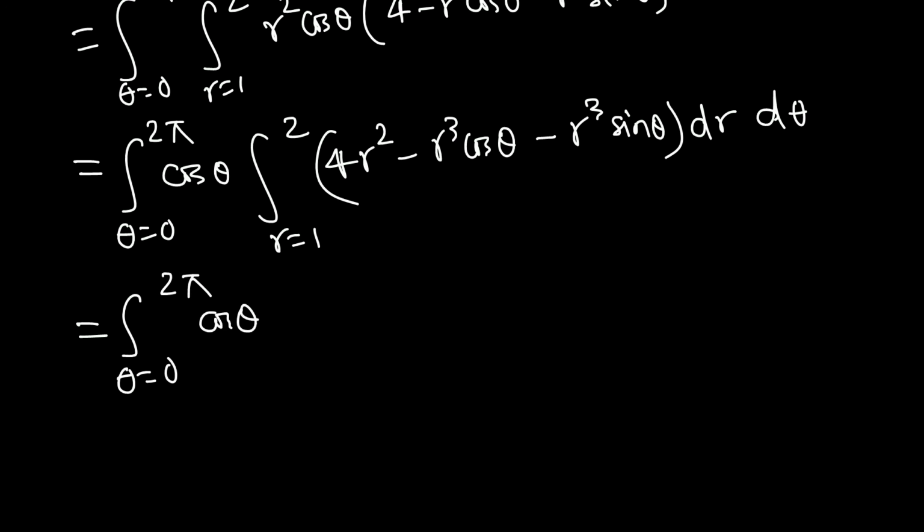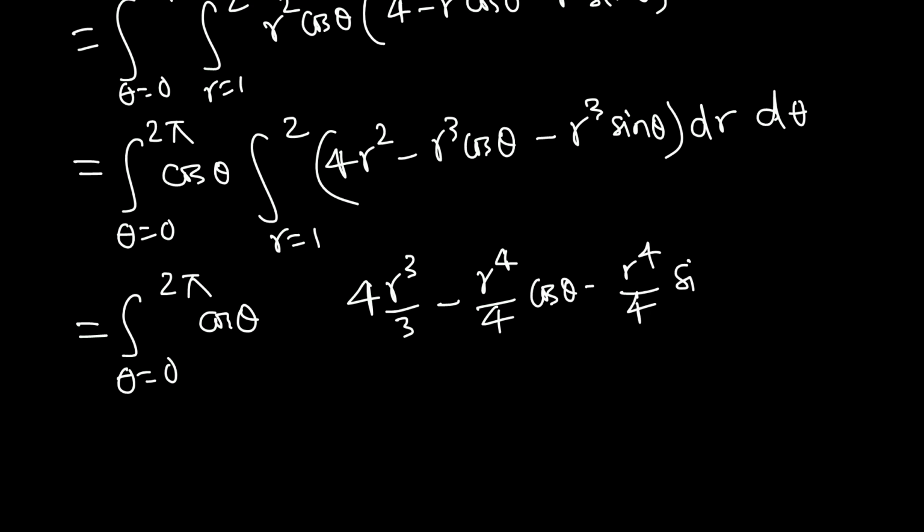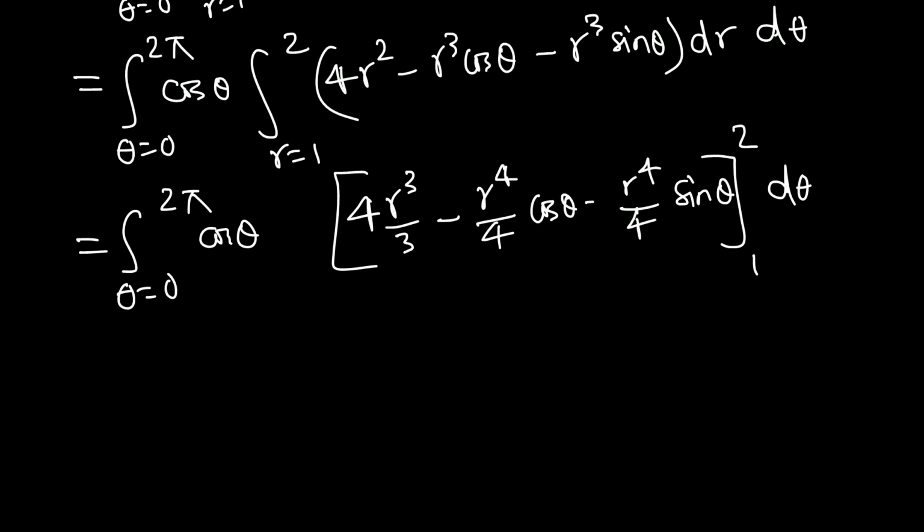Antiderivative of 4r squared, that's 4r cubed over 3, minus cosine theta is constant for r cubed, this is r to the fourth over 4 cosine, similarly r to the fourth over 4 sine theta, and we will be evaluating from 1 to 2. And d theta, dr is taken care of here.